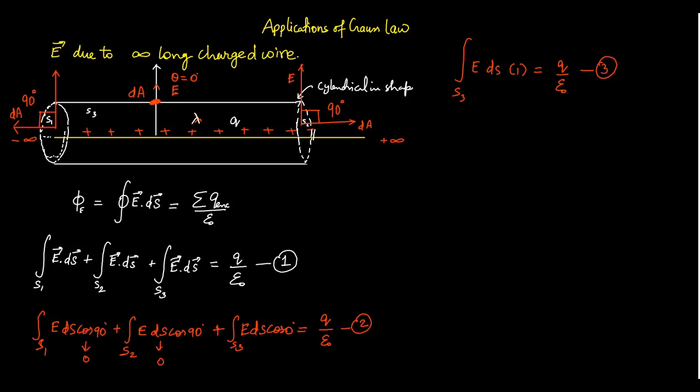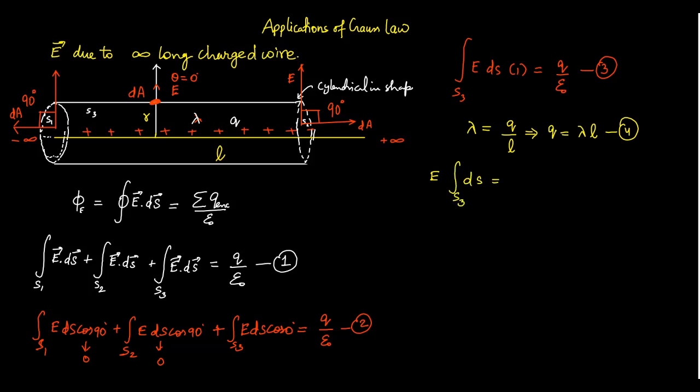Now here we have to write the value of Q. So let the length of this cylindrical Gaussian surface be L. Radius is R. So from the definition of linear charge density, lambda will be Q by L, which gives us Q equals lambda into L. Now E is constant, so it comes out of the integration sign.